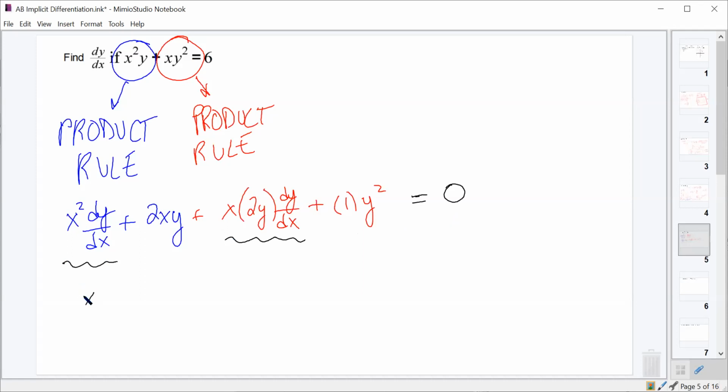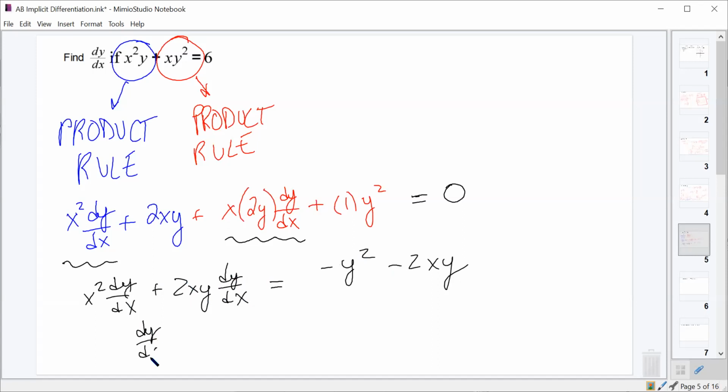So we're going to have x squared dy dx plus 2xy dy dx equals negative y squared minus 2xy. Everybody good with that? Yep. Okay, and then we will factor out the dy dx on the left.